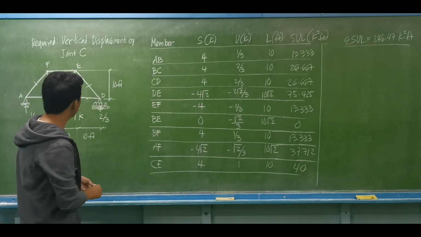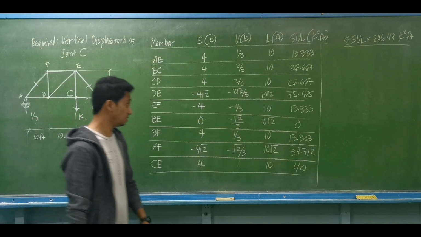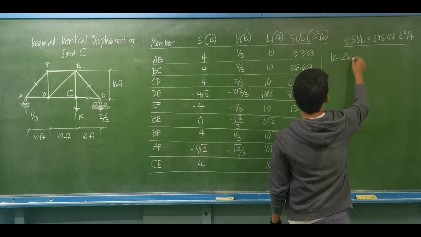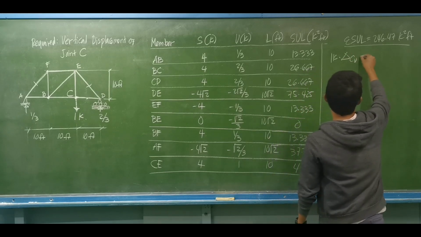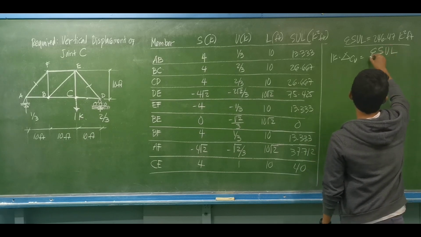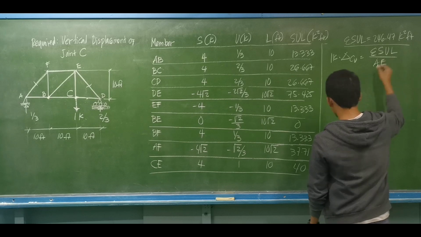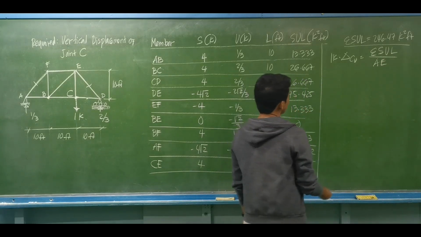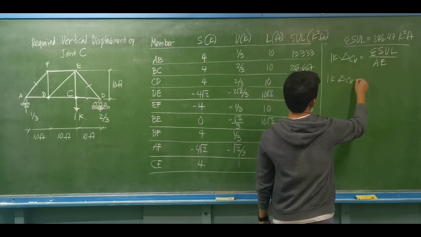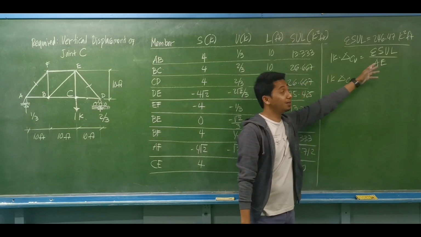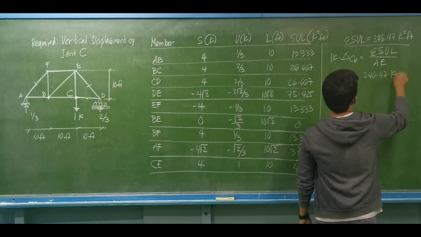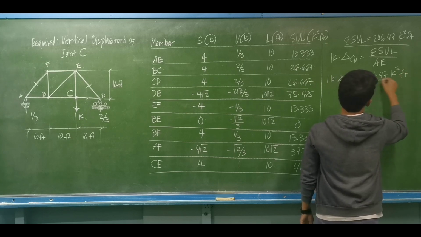So how to compute for the vertical displacement of joint C? Okay, we have external work, 1 kip multiplied by the vertical displacement of joint C is equal to the summation of the axial force due to real load, unit load, the length divided by the area times the modulus of elasticity. So this is 1 kip, the vertical displacement about joint C is equal to 246.47 kip squared foot divided by the area.